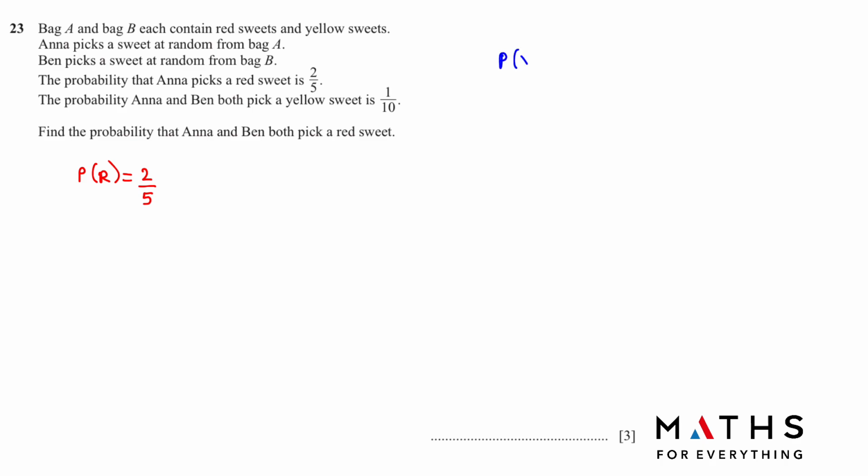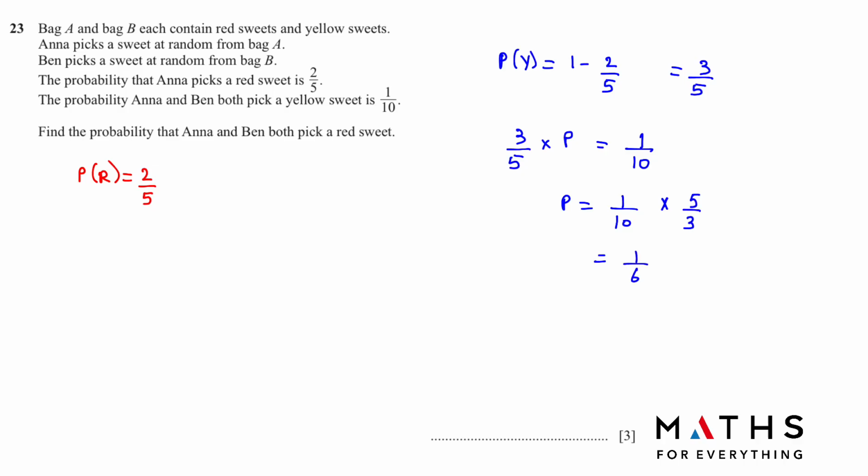So the probability of getting a yellow is going to be 1 minus 2 over 5, which is 3 over 5. 3 over 5 of the total is equal to 1 over 10. When you move to the other side, you can write multiply by the reciprocal. We got 1 over 6.